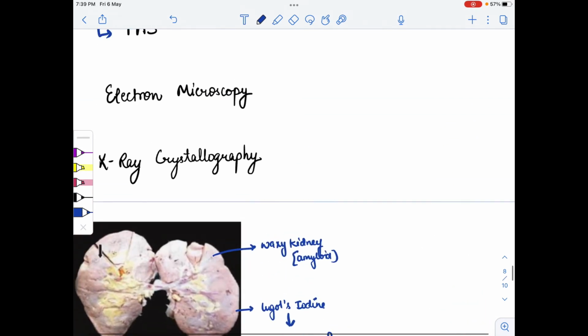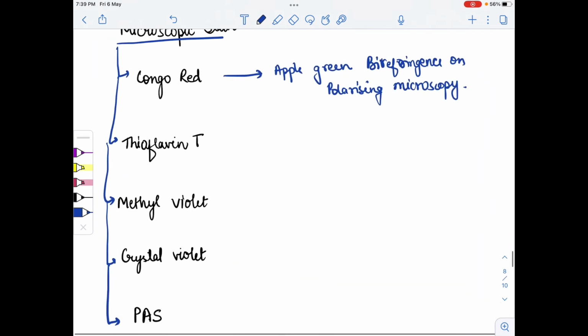So the another point of that table. On the Congo red we see apple green birefringence on which light? On polarizing light. Please remember it very carefully. Now the another one, that one is the thioflavin T. Please remember here T is very important. Why is T important?